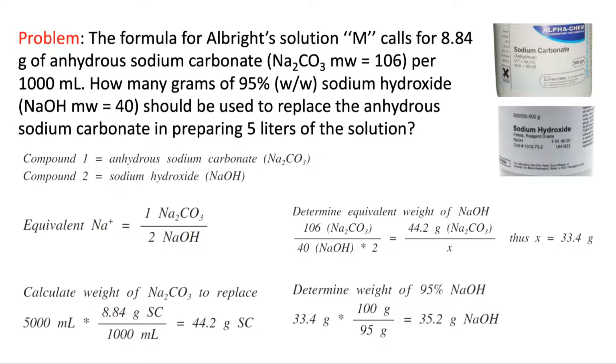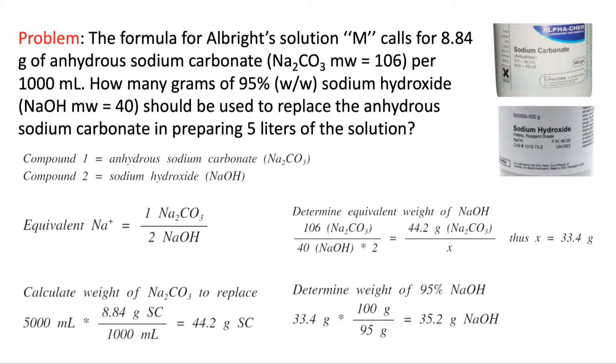That's the 95% weight per weight. The grams of sodium hydroxide cancel, and we would end up with grams of the sodium hydroxide powder we need, which would be the 35.2 grams of sodium hydroxide mixture powder to provide the amount of sodium hydroxide we need to be equivalent to the amount we would have needed of sodium carbonate. So that's a little bit of a long, convoluted question.